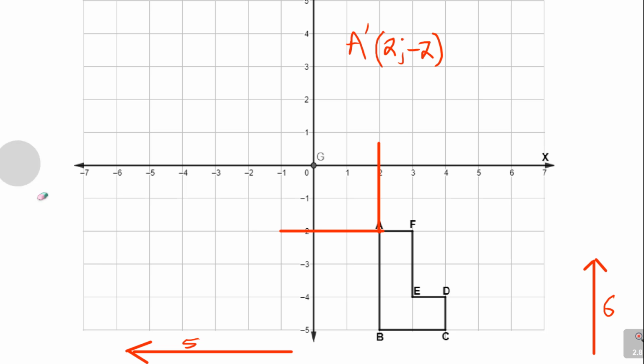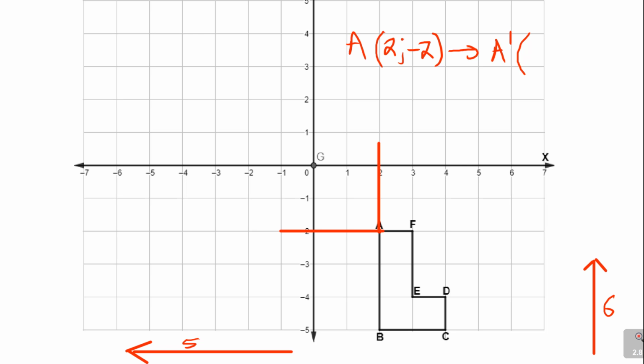This is the one after transformation. This is the original A, but after transformation, that's where I write A with a prime. After transformation, remember, we are moving 5 units to the left and 6 units upwards.